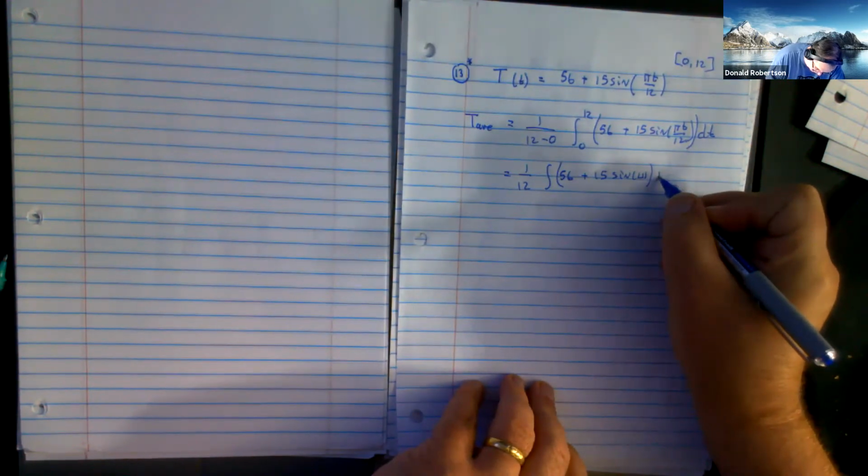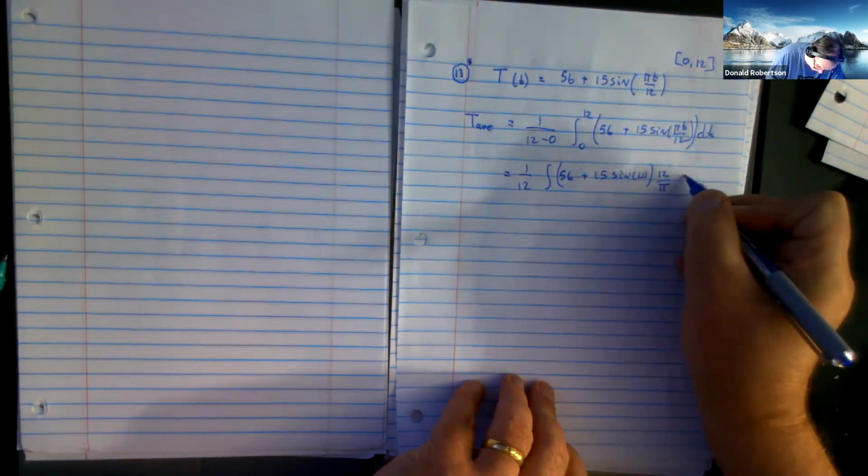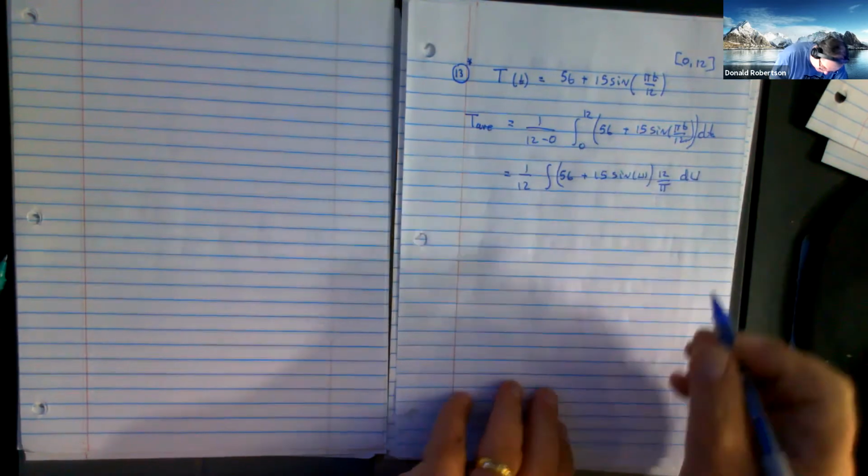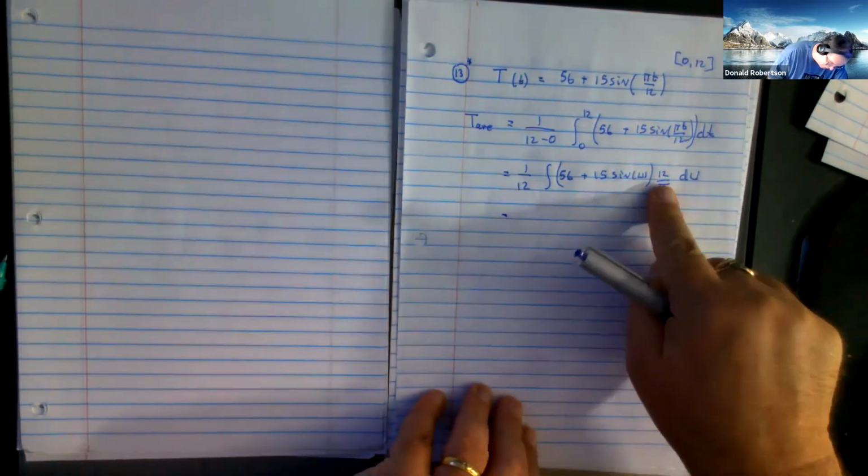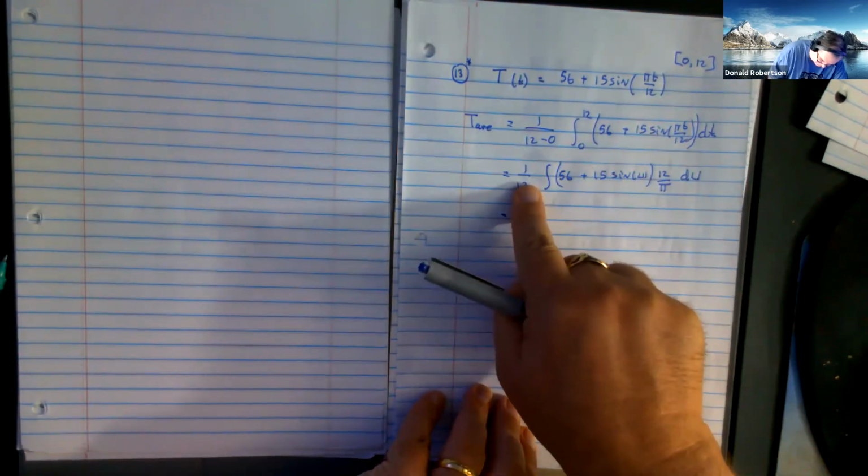So we have 1 over 12, the integral of 56 plus 56 sine of u, and 12 over pi du. I'm going to bring this guy out and combine it with that fella, and the 12s cancel out, and so you get 1 over pi.